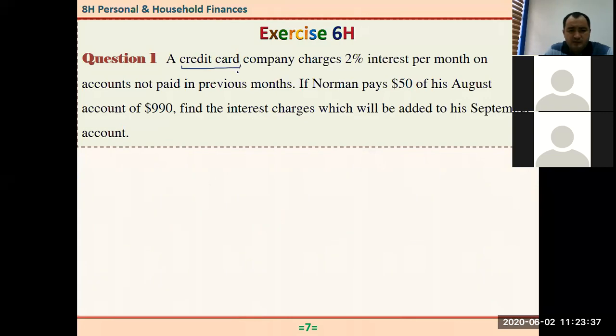Okay, what do we mean by this credit card? Maybe you're just students, you may not have ever used this card before, okay? But when you go to the bank, if you have accounts, you may apply for two different cards, right? You may apply for credit cards and debit cards.